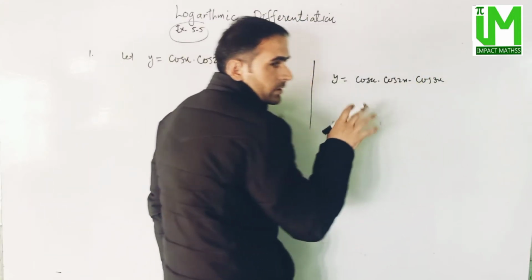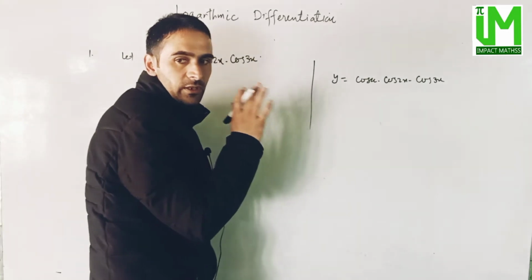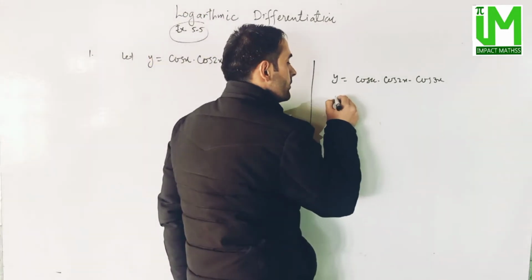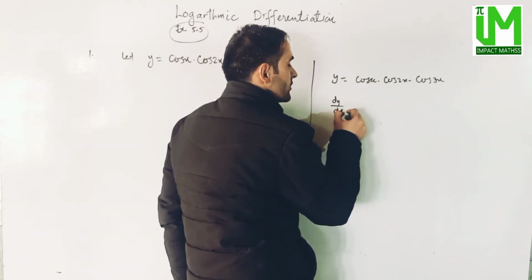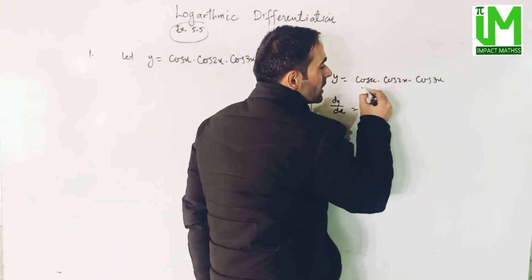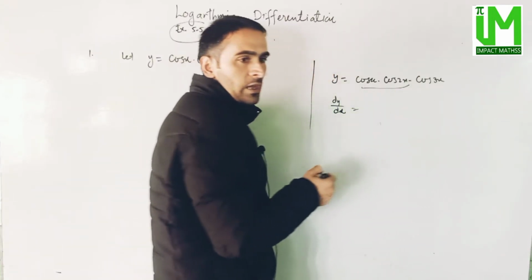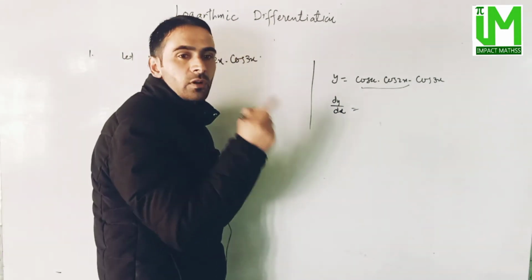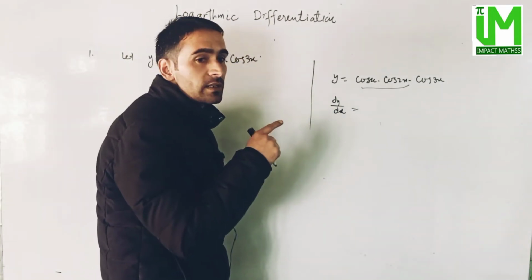Then we will write dy by dx, differentiating both sides with respect to x, and the right hand side is a product of three different functions: cos x into cos 2x into cos 3x.